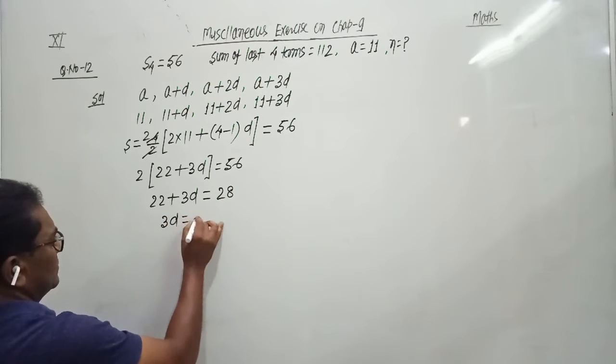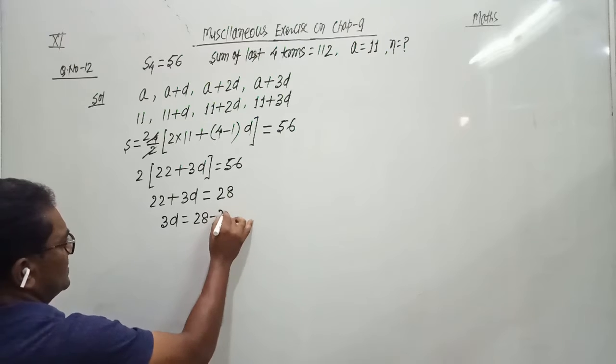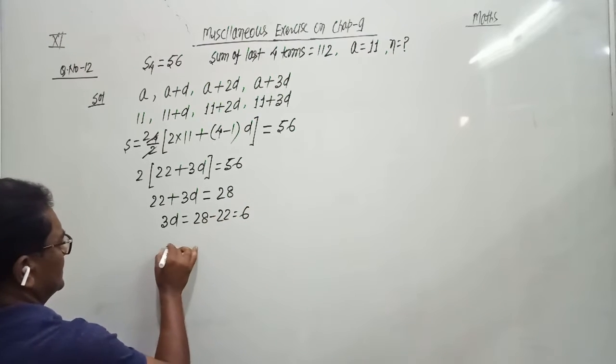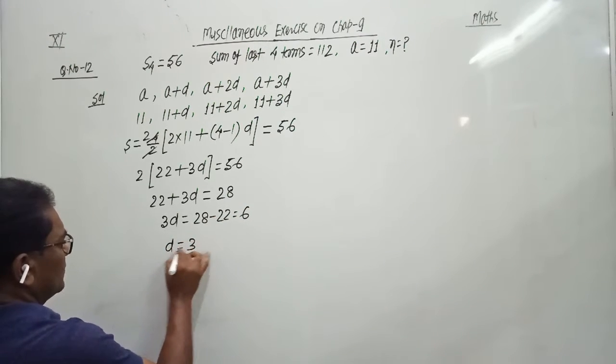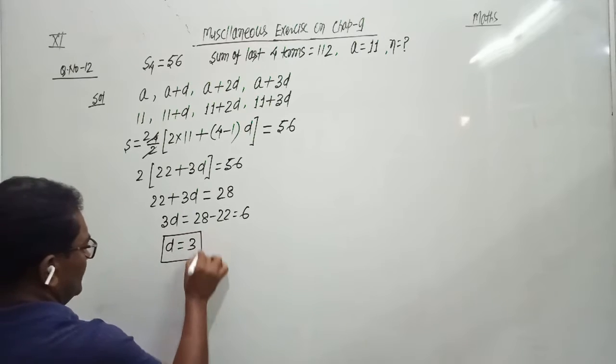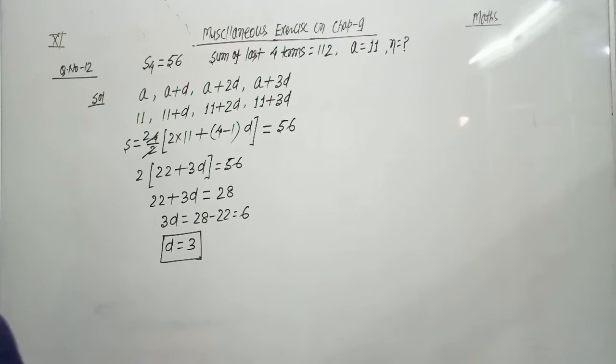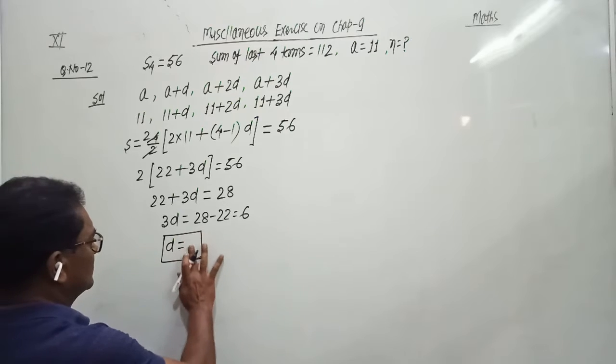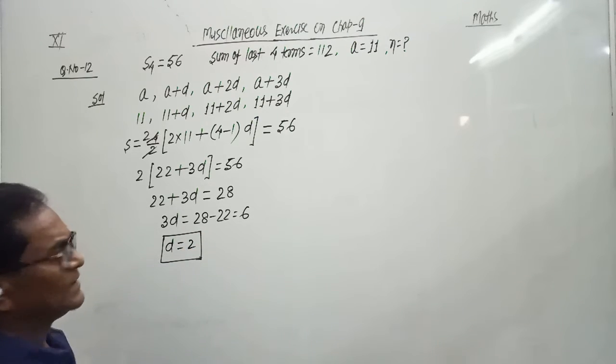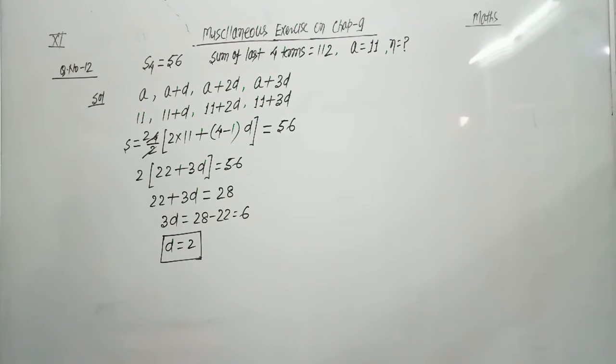And 3d equals 28 minus 22, that is 6. So 3d equals 6 and d equals 2. The value of d is 2.